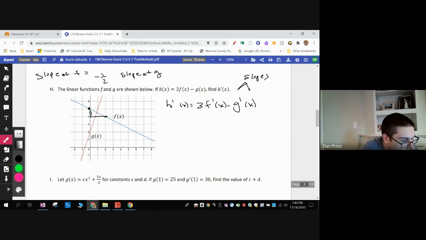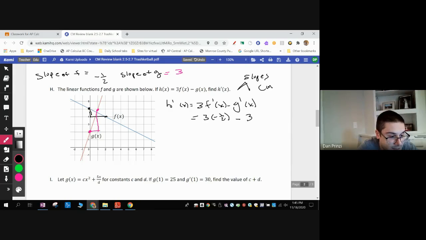Slope of G. Okay, let's see. Pick 2 points. That looks like rise over run. Okay, I went up 3 and over 1. Right? So now I'd say, okay, my answer is going to be 3 times f prime. Well, f prime is always going to be negative 1/2, minus g prime is always going to be 3.